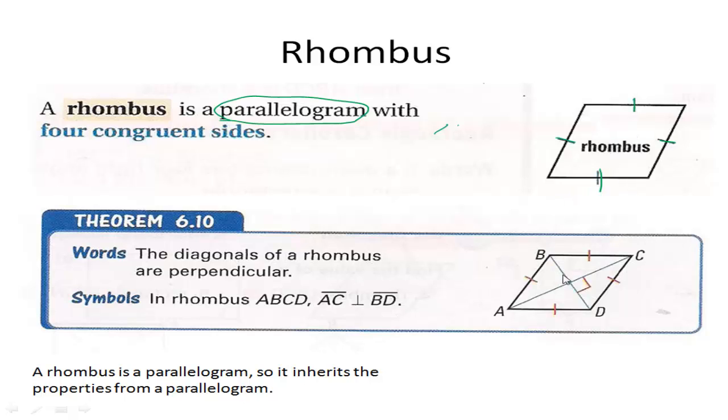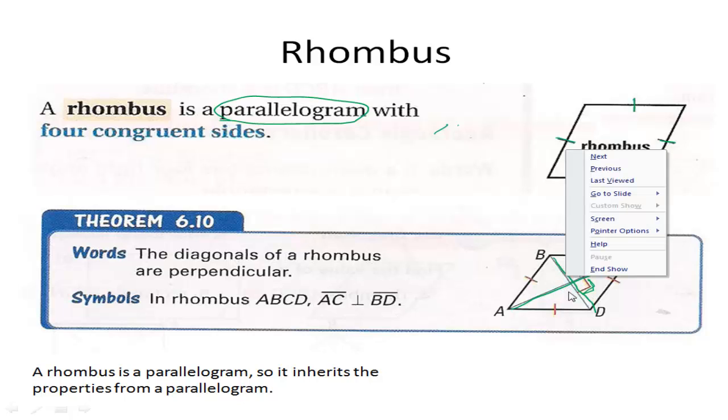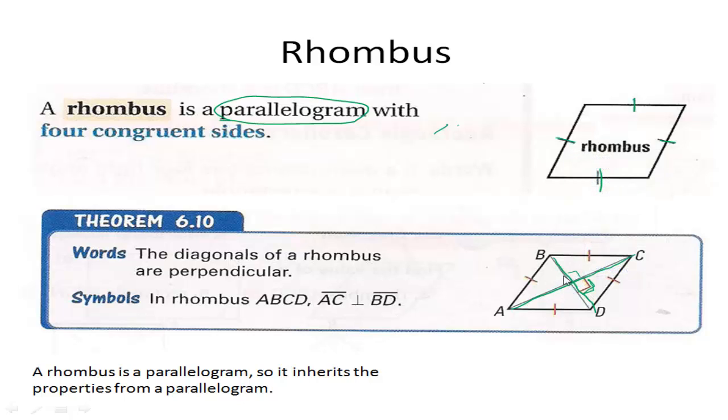We can see in this diagram that the diagonals of a rhombus, and I'm sorry for the squiggly lines, intersect at 90 degrees. And that happens everywhere: 90 degrees here, 90 degrees here, and 90 degrees here.